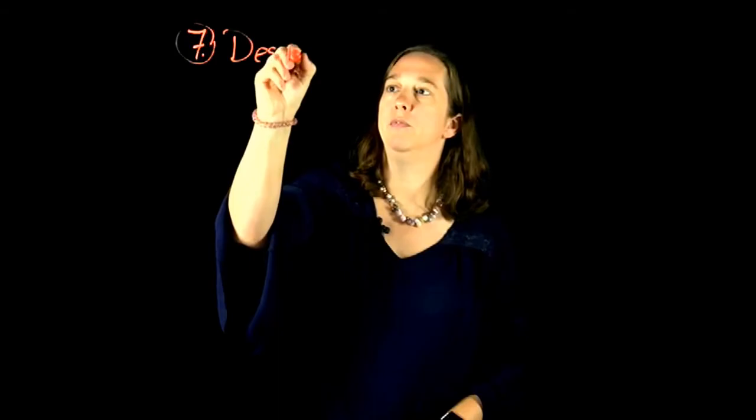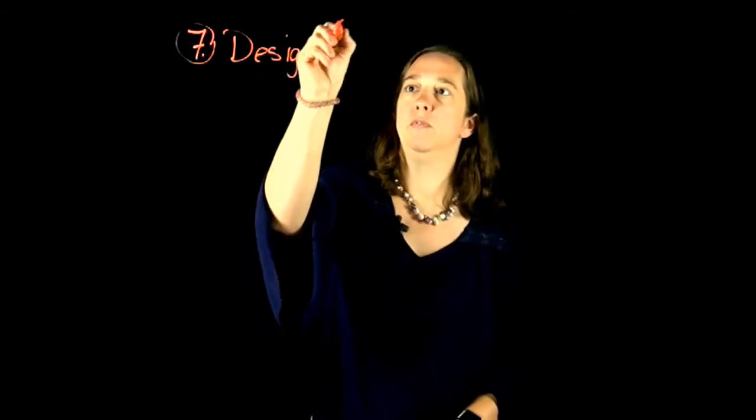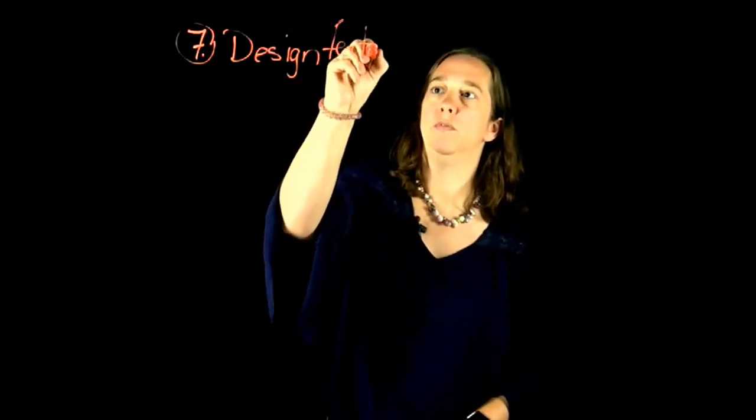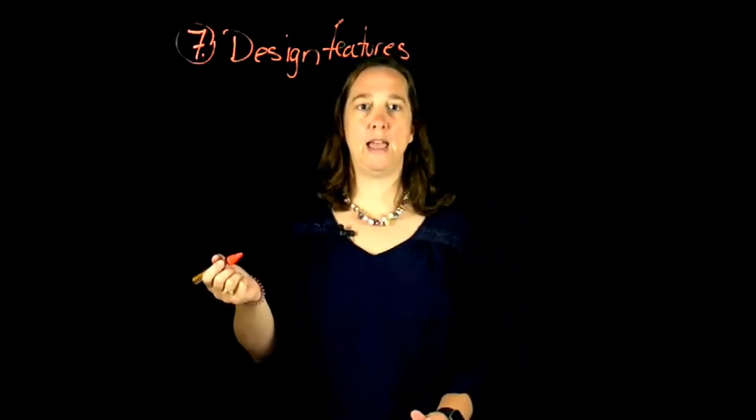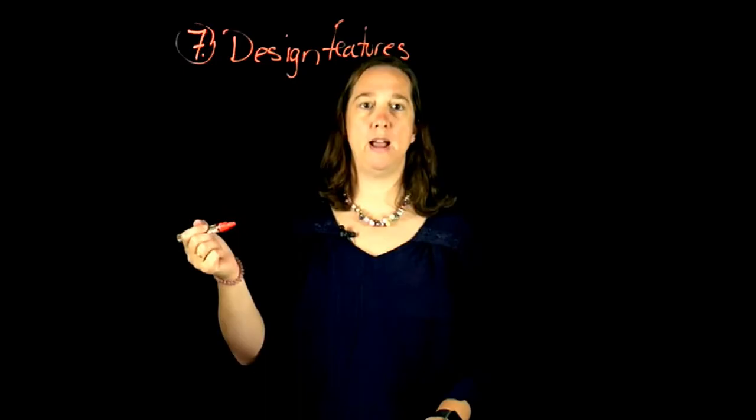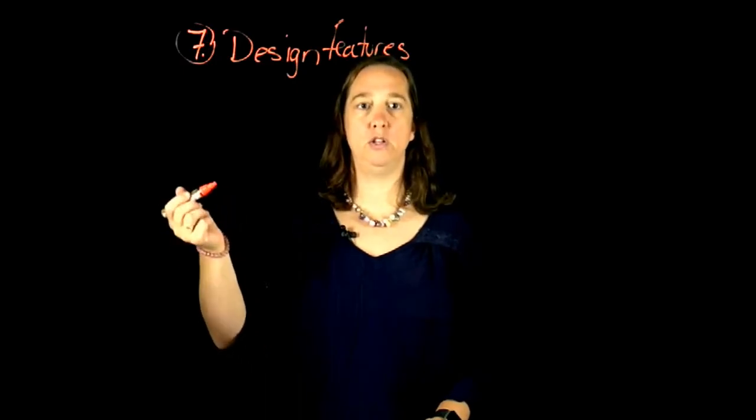As we continue our last steps, after we've started reading, step number 7, we're looking at the design features. These design features are what we look at to be our visual guides for how the topics are going to change.